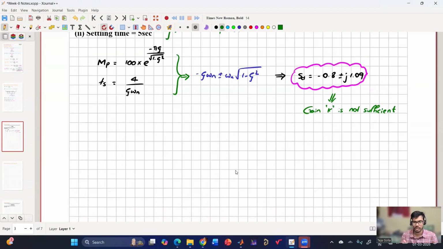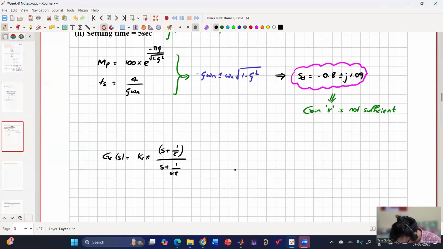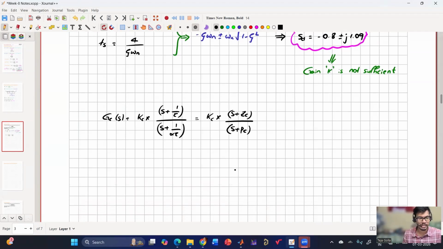Okay. So in case this is not sufficient, then we have to design the compensator. And how are we going to design it? So my transfer function Gc of s is nothing but Kc into (s plus 1 by tau) by (s plus 1 by alpha tau), right? This I can also write as Kc into (s plus zc) by (s plus pc), where zc is the zero of the compensator and pc is the pole of the compensator.